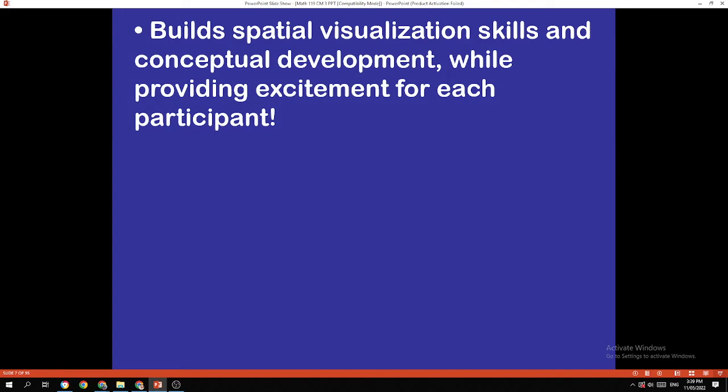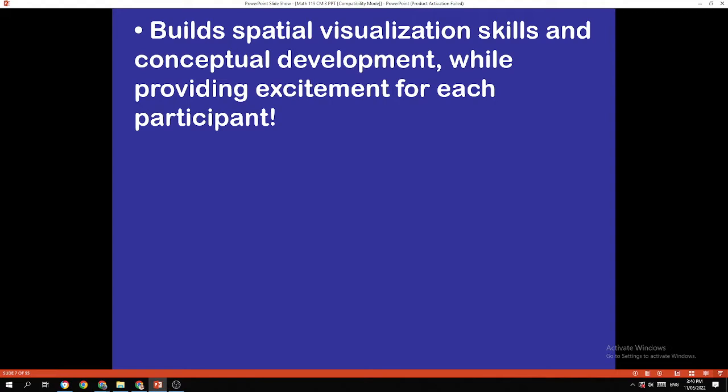Here, it builds spatial visualization skills and conceptual development while providing excitement for each participant. During my elementary years, I was able to make use of it, and I developed my conceptual development and visualization skills. How will I form this figure using only the 7 shapes?